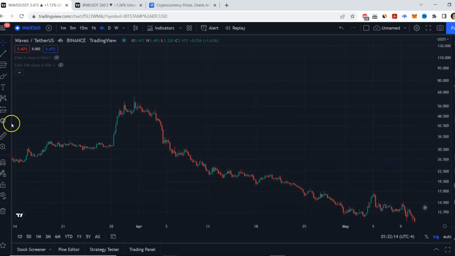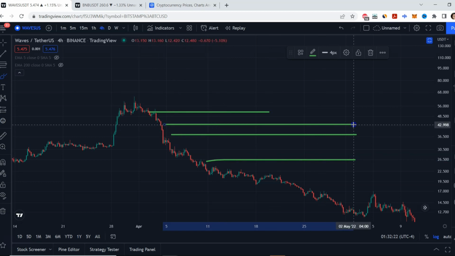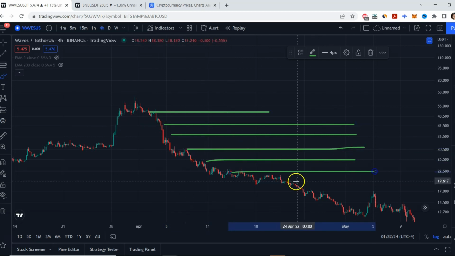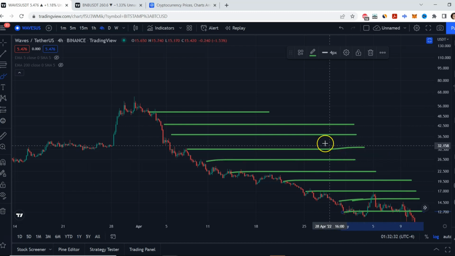So you probably would get liquidated already if you open a long position for Wave and it keeps going down and you need a lot of averaging. Your capital just couldn't handle it before there is this significant retracement.